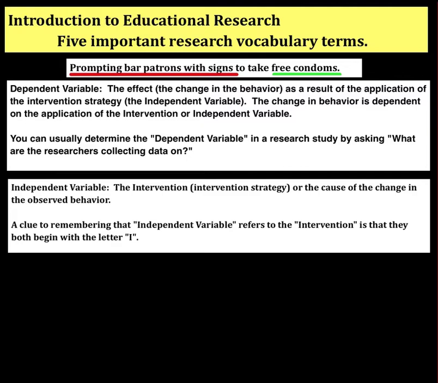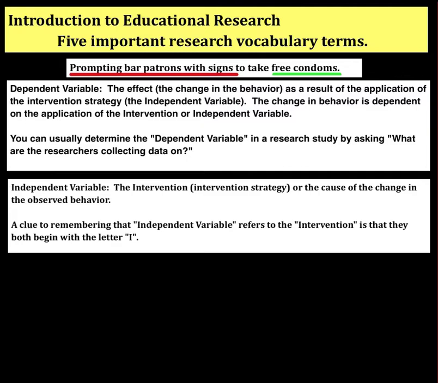So the presence or absence of signs in the bars was the independent variable. That was the strategy they were using to try and make a change in the dependent variable, which was the amount of free condoms taken.